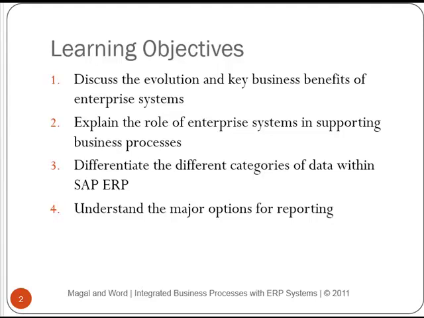We'll talk about the different data that reside within the database. Some of the data are called persistent data or master data. They continue to reside within the database from one year to the next, whereas some data is temporary.